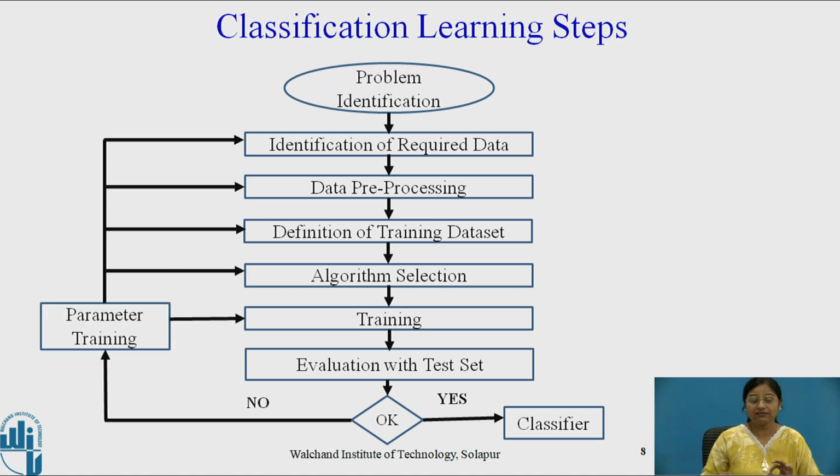If not, then you need to change some parameters of the algorithm, and you need some parameter tuning to get the best algorithm selection, or you also need to gather more data. Again you need to pre-process it, again select the training data set, adjust the parameters of the algorithm, and then evaluate it again. So these are the basic learning steps of a machine learning algorithm.